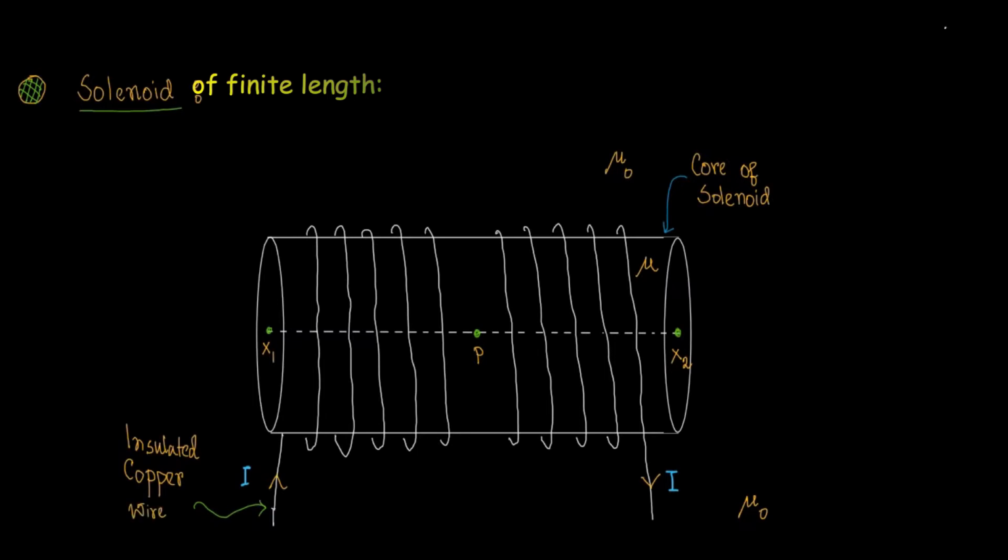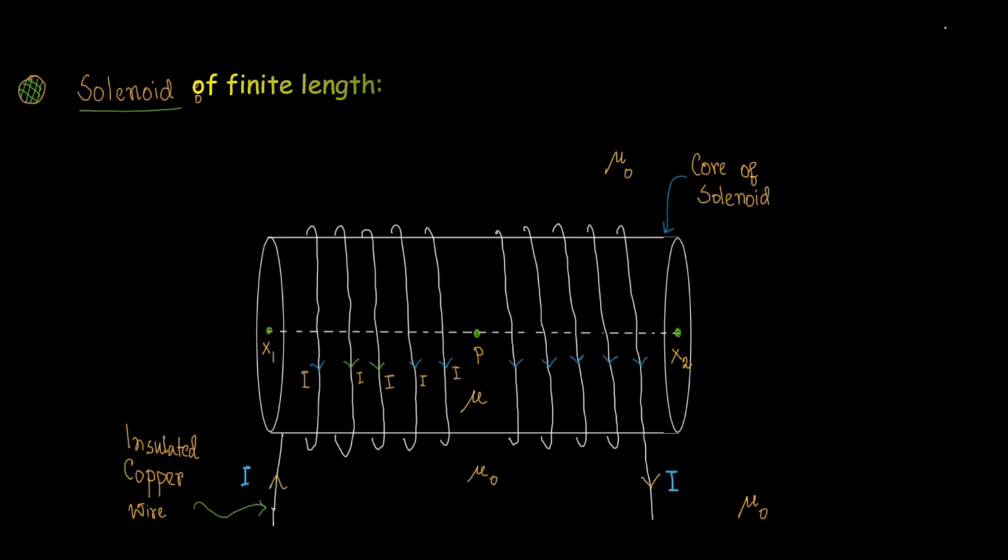The wire which is wound in the shape of a helix is insulated copper wire. It should be insulated so that there will be no leakage of current. Mu is the magnetic permeability of the cylindrical core. And we can denote the current flowing through each turn, and in this case current is flowing downwards.